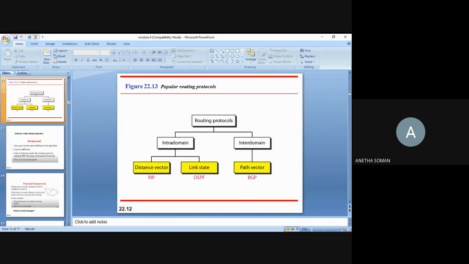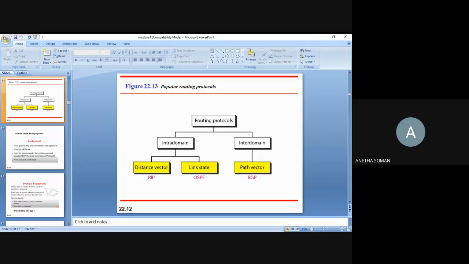BGP is an implementation of that, and that algorithm is called the path vector algorithm. Now in your syllabus, you have to study first the intra-domain routing protocols, that is the distance vector and the link state.